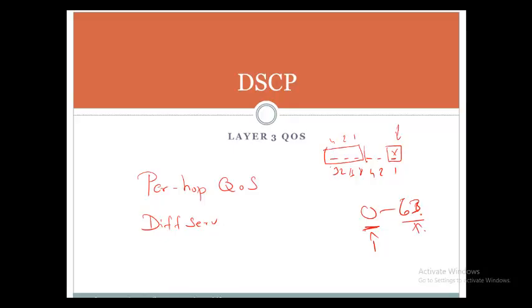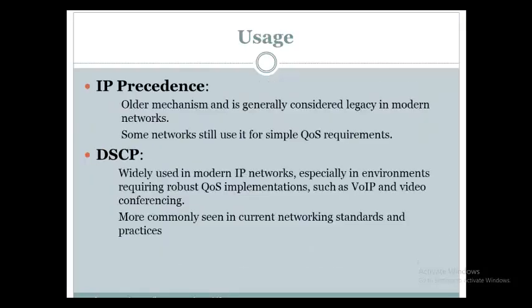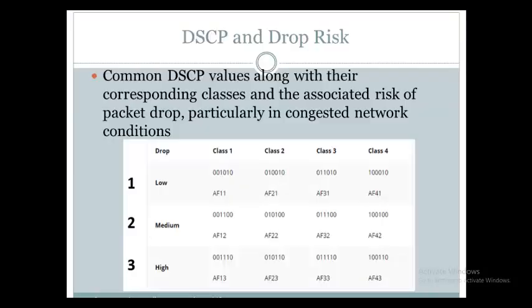This is how they create multiple high risk and low risk markings. I'm talking about this table, which you might have already seen. You see, high risk of dropping is this one. Low risk of dropping is this.